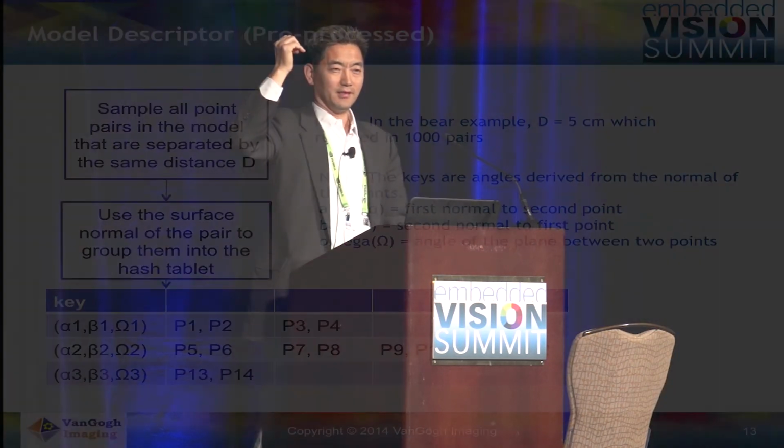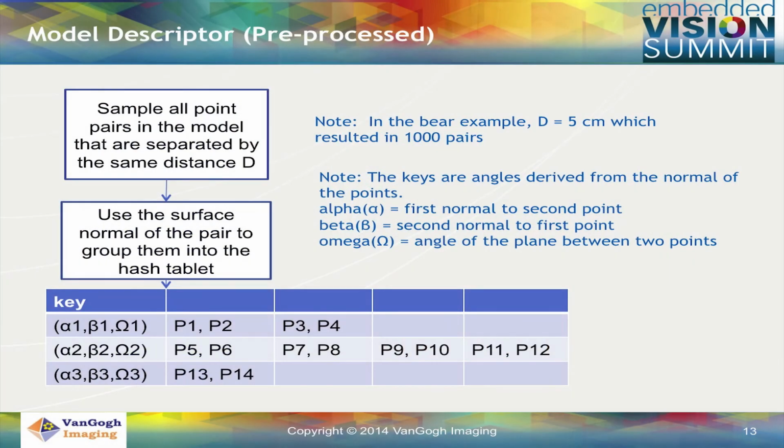You convert them into 3 angles: the angle of the normal of one point with respect to the other point, the angle from the normal of the other point to the first point, and then the angle of the plane in between the points.